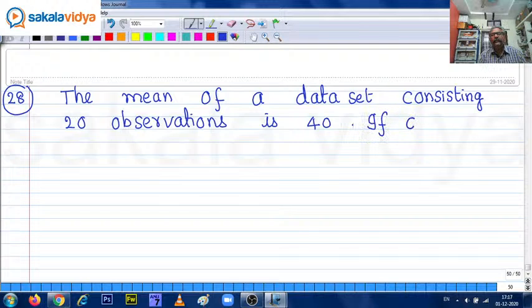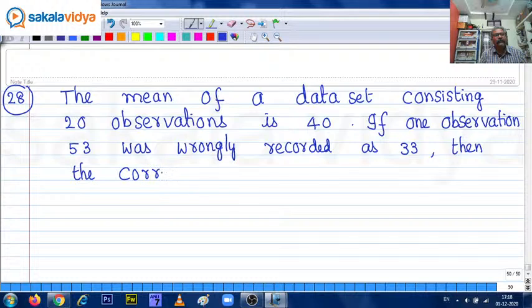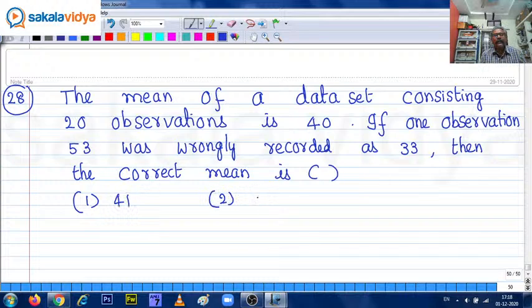If one observation, 53, was wrongly recorded as 33, then the correct mean is: first option 41, second option 49, third option 40.5, fourth option 42.5.